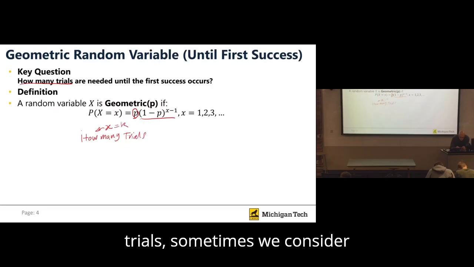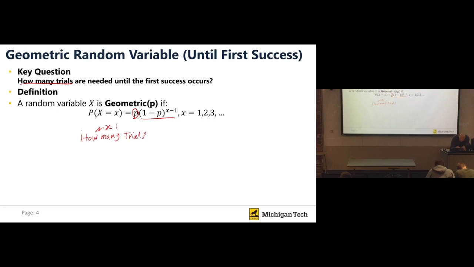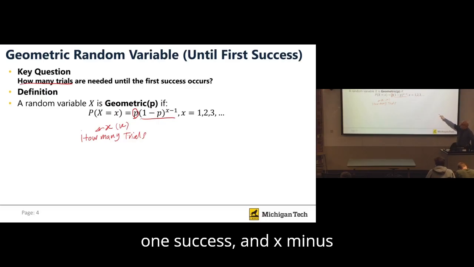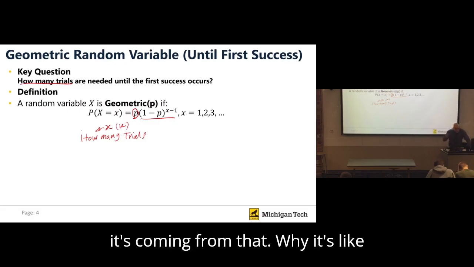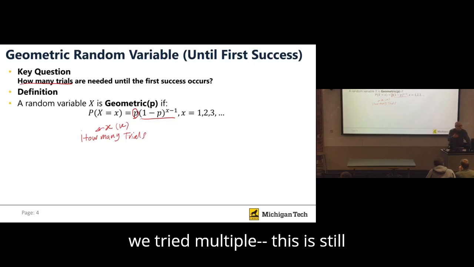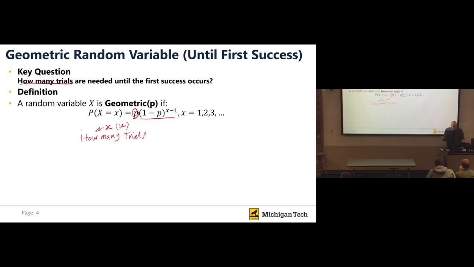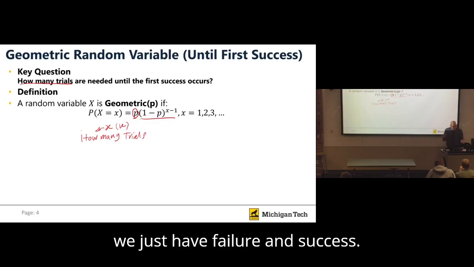Sometimes we consider K or X, it doesn't matter. Here we consider X, but it can be K too. Anyway, one success and X minus one failures. That's where it comes from. Why is it like that? Because it is still Bernoulli. We tried multiple times, but this is still Bernoulli, because we just have failure and success.